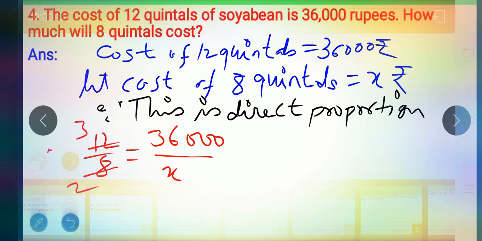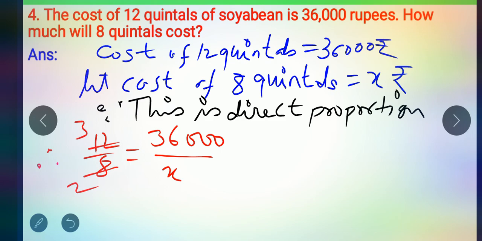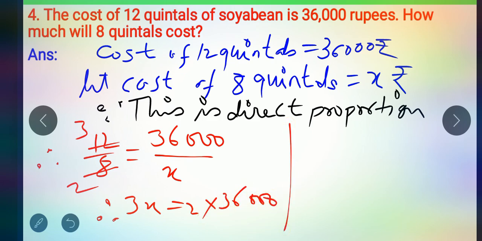Let us continue with the cross multiplication, students. 3 into x, we'll get 3x is equal to 2 into 36,000. So here I write 2 into 36,000. Now I'll change the side of this 3, students. So it will become x is equal to 2 into 36,000 upon 3.